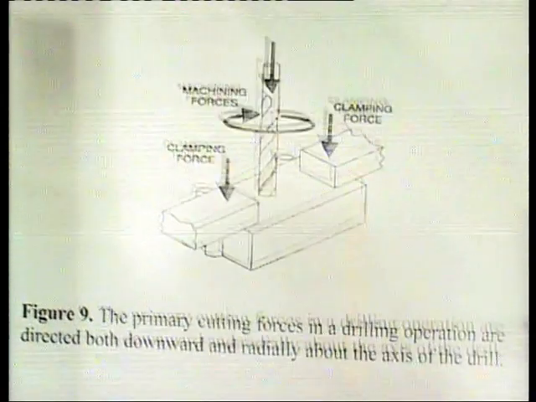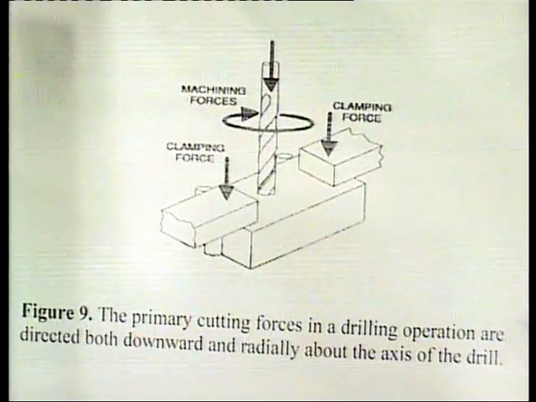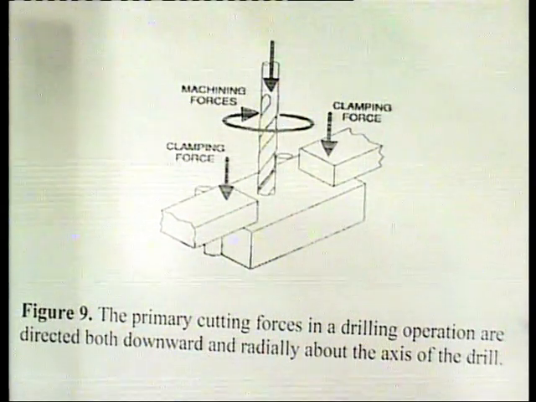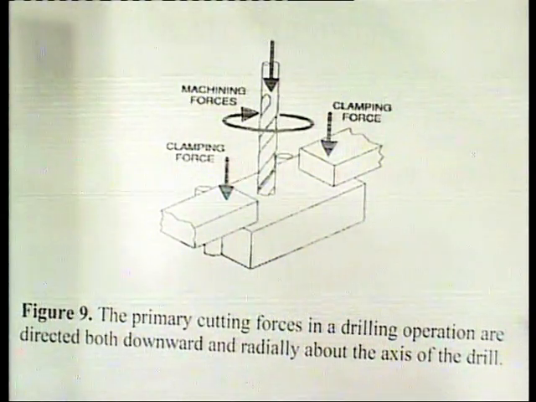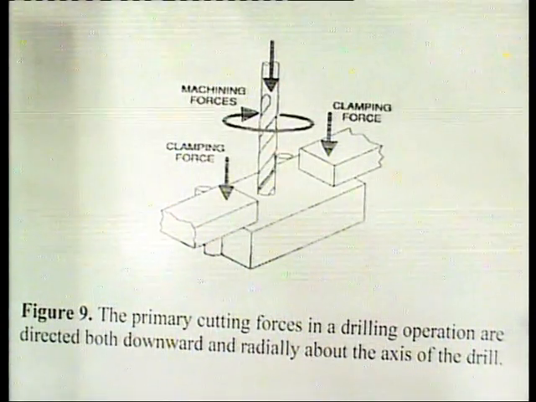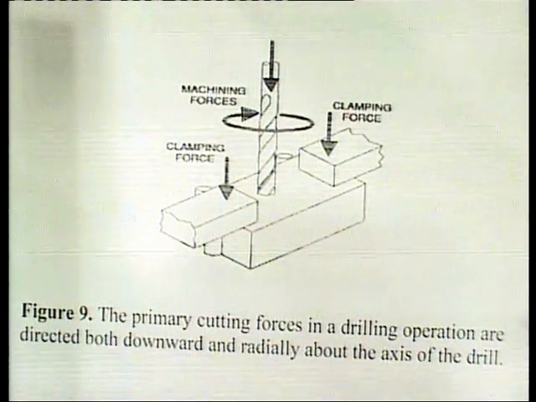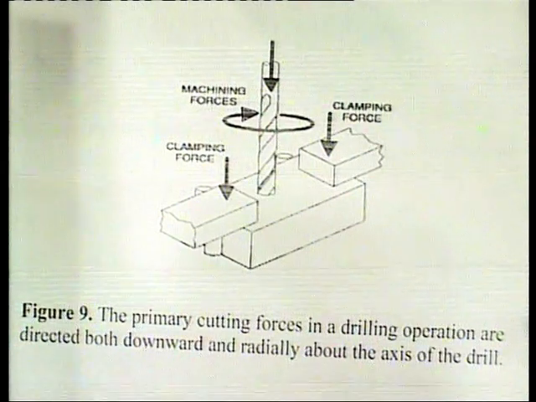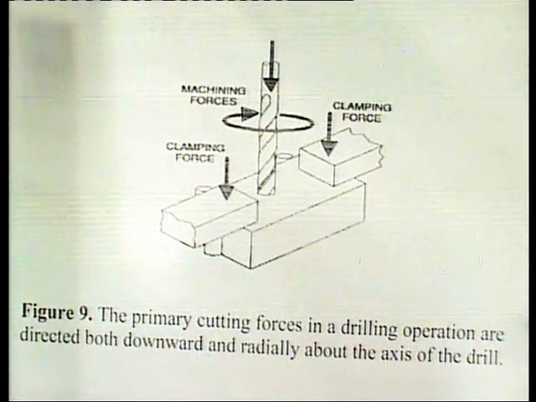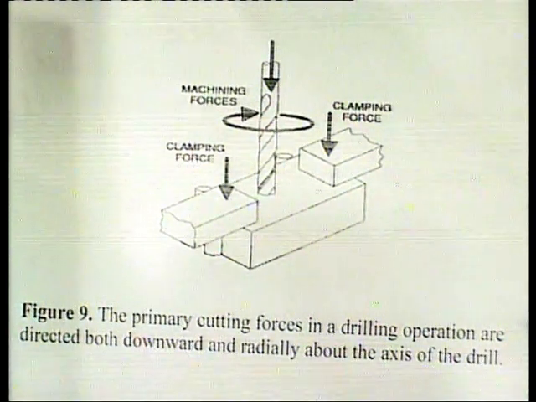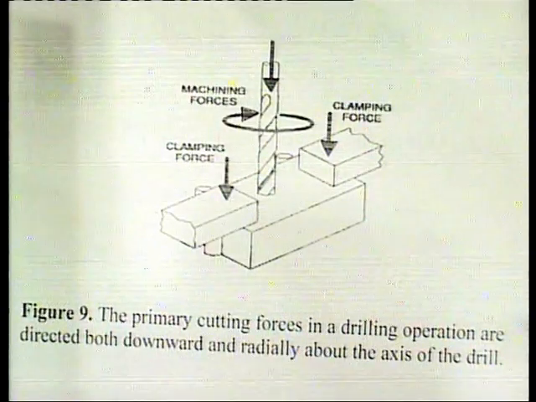Another example of cutting force on a workpiece can be seen in the drilling operation as shown in this figure. The primary machining forces tend to push the workpiece down into the work holder supports.